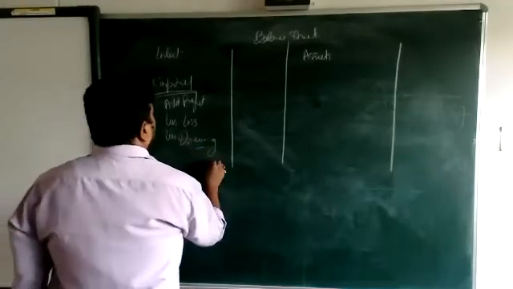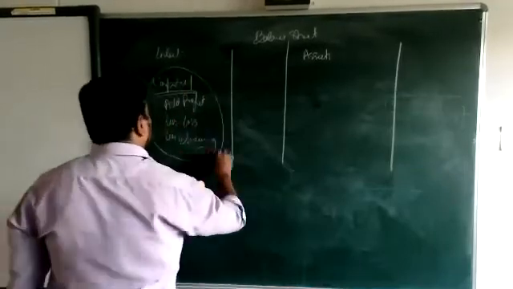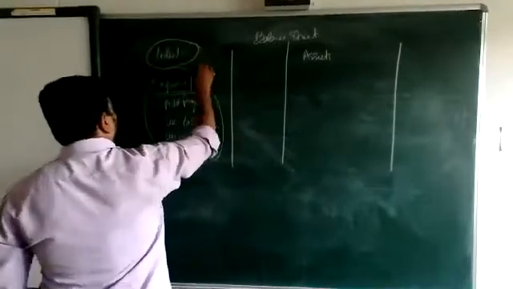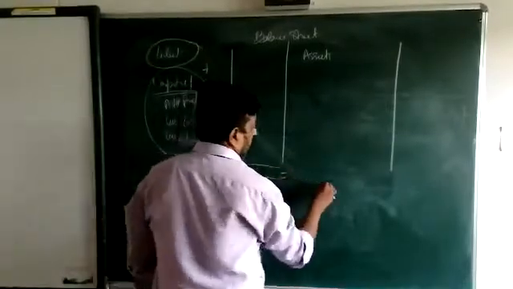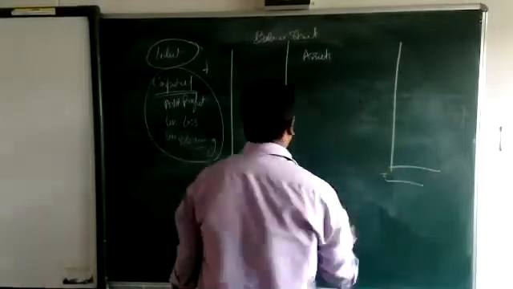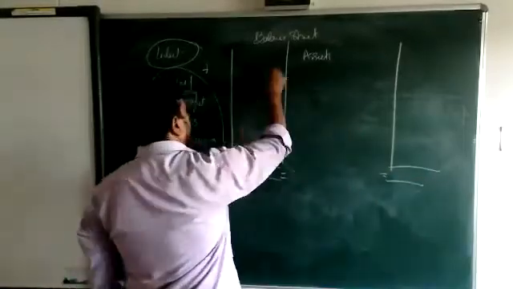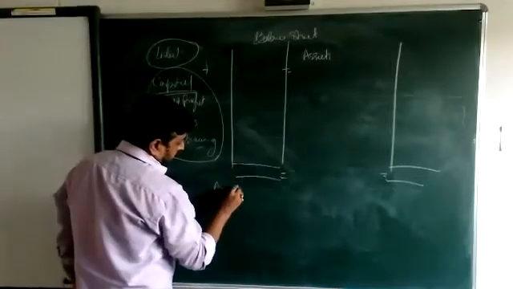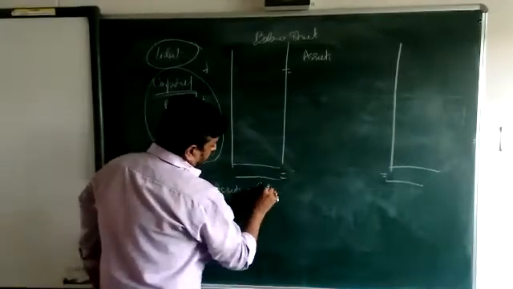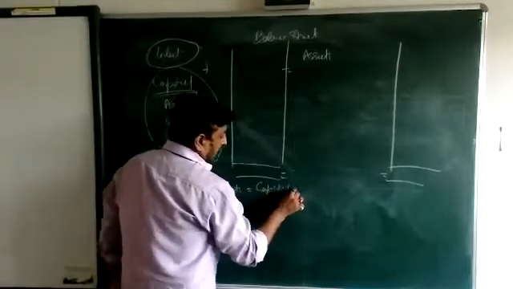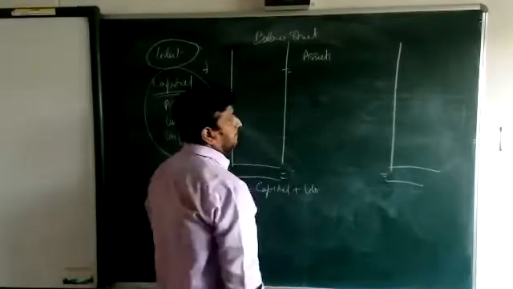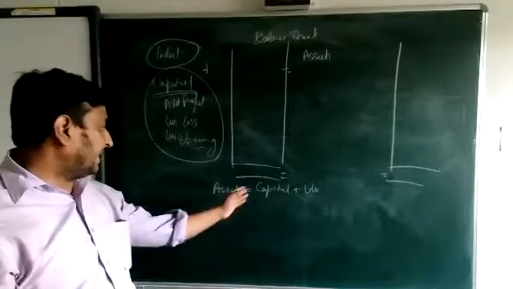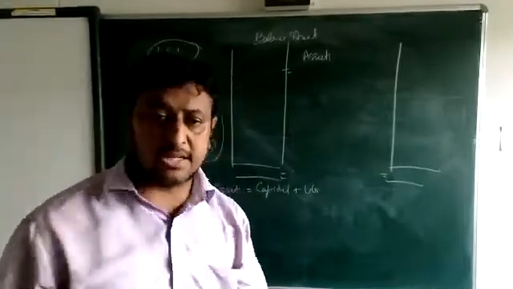This total will be equal to the other side. By that your formula is made: assets is equal to capital plus liabilities.